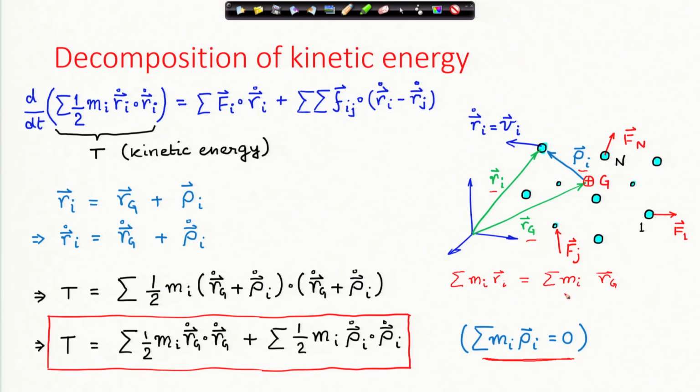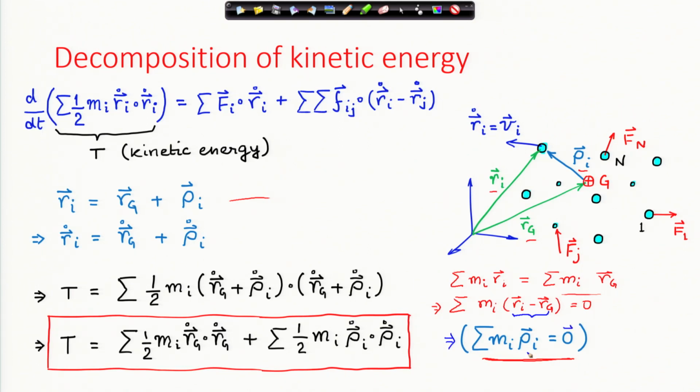Therefore, I can take whatever is there on the right hand side to the left hand side and write it as summation of m I times r I minus r g is equal to 0, and r I minus r g, as you can see from here or from the figure, is nothing but rho I. Therefore, it follows that summation of m I rho I vector is equal to a 0 vector.